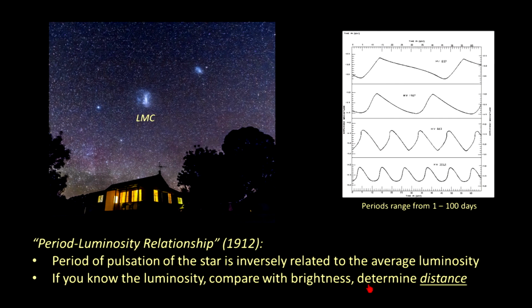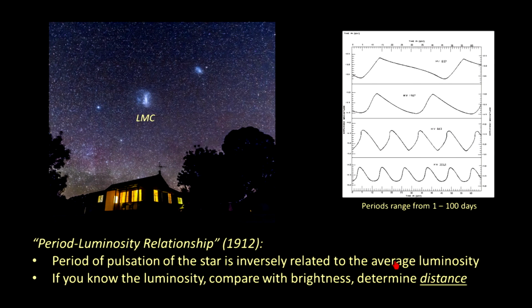So as long as you know the apparent brightness of any star and how much energy it produces, you can always determine its distance. So what Henrietta Leavitt has inadvertently discovered is a way to determine the amount of energy that a Cepheid variable star produces, and from that, comparing with brightness, we can get the distance.